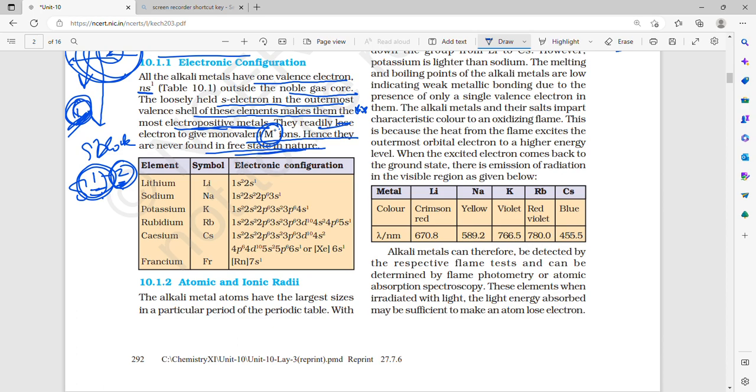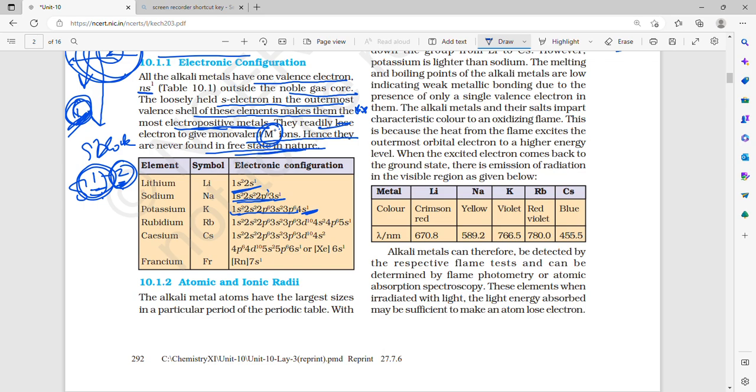Now let's see, lithium 1s2 2s1, sodium 1s2 2s2 2p6, this is the neon configuration, then 3s1. Similarly potassium 1s2 2s2 2p6 3s2 3p6, this is argon configuration, then 4s1.